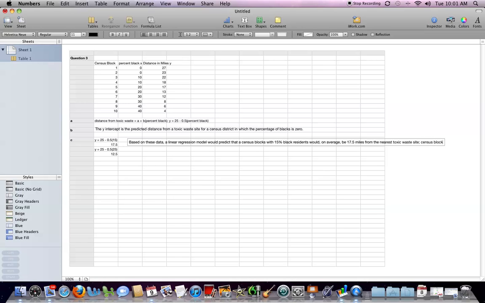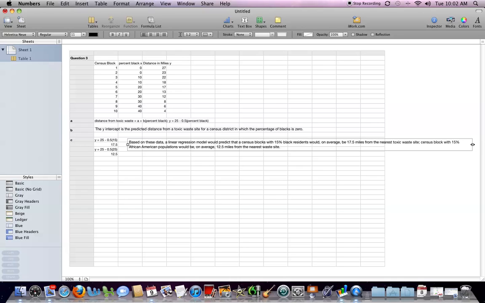Census blocks with 25% African American populations would have, on average, 12.5 miles to the nearest waste site.